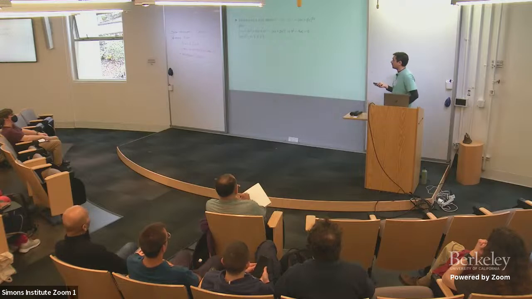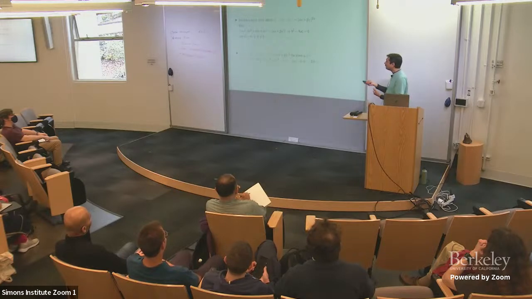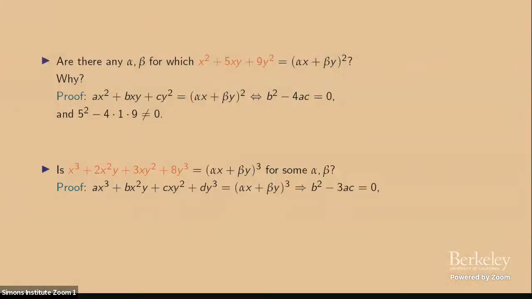Let's take a slightly different example. Let's go to bivariate cubics. If we again ask the same thing, does this cubic polynomial look like a cube of a linear form? It's not a popular thing, so I don't expect people to know it off the top of their head. But if I give you this particular equation, now it's b squared minus 3ac instead of 4ac.